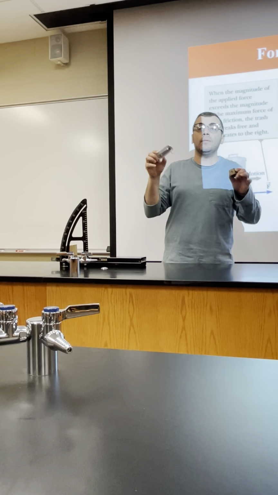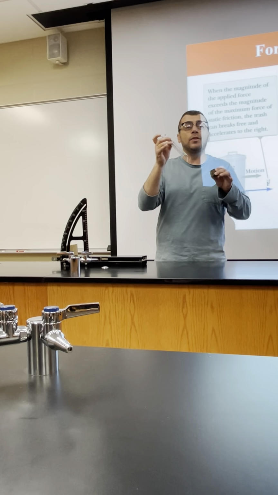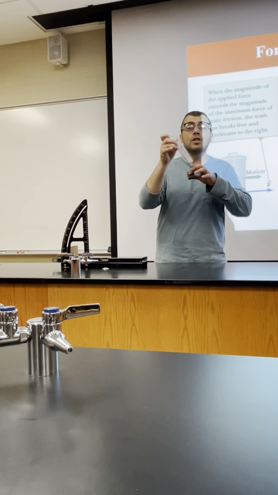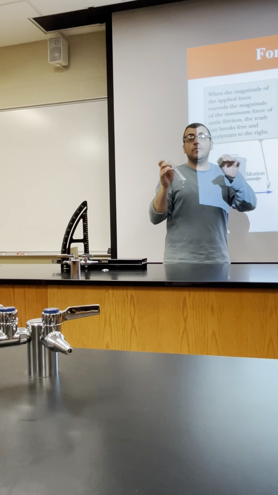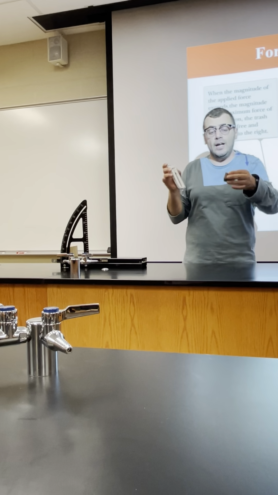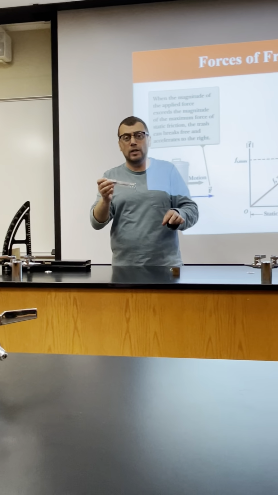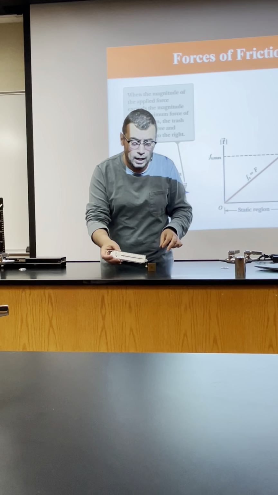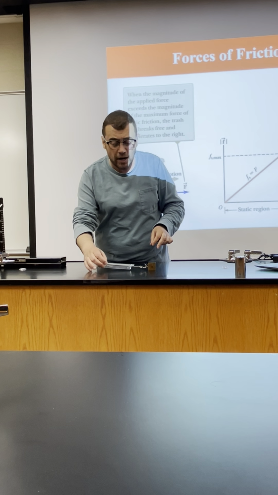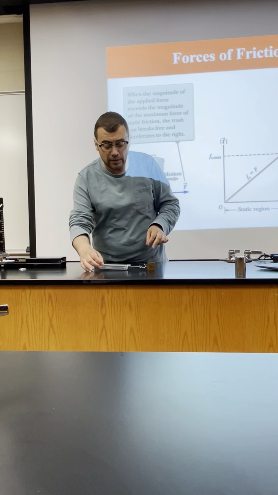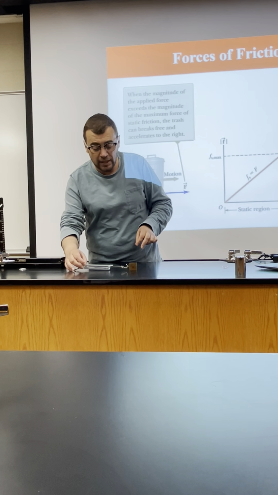By yourself. I'm going to give every group a spring balance, just to measure the applied force, this big F, versus the friction force of that block with the table surface. What you're going to do is hang that spring scale on the block and try to pull it gently in a certain direction.